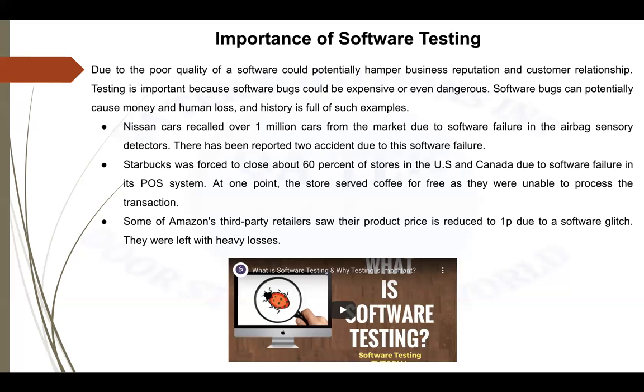So due to a software problem, they made a heavy loss. So let's see one video. Actually, this video is really useful because they explain some of the incidents that happened due to software failure and how critical software is in our current world.